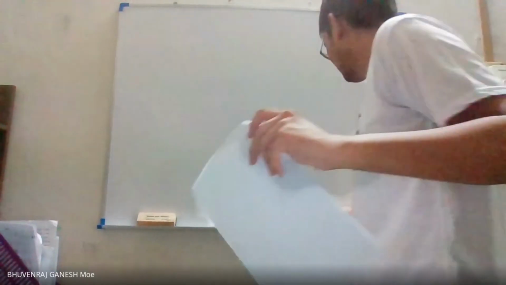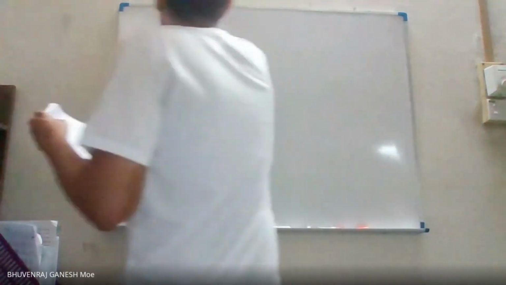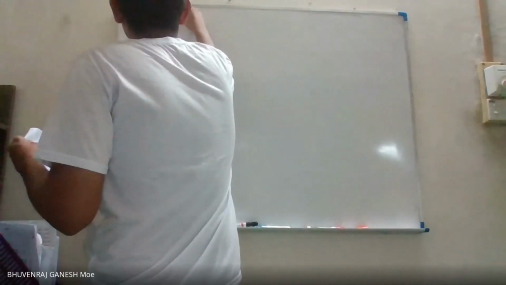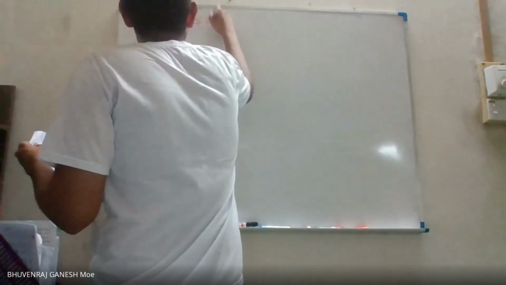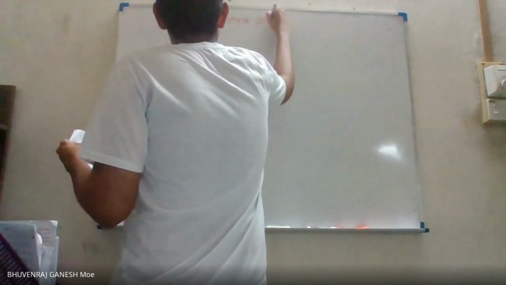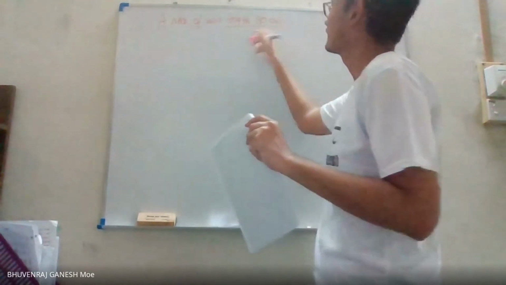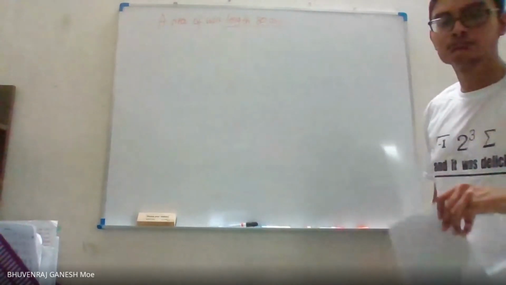So the question is like this. A piece of wire of length ATCM. So if you see straight away length ATCM, what is the info they are trying to tell you?